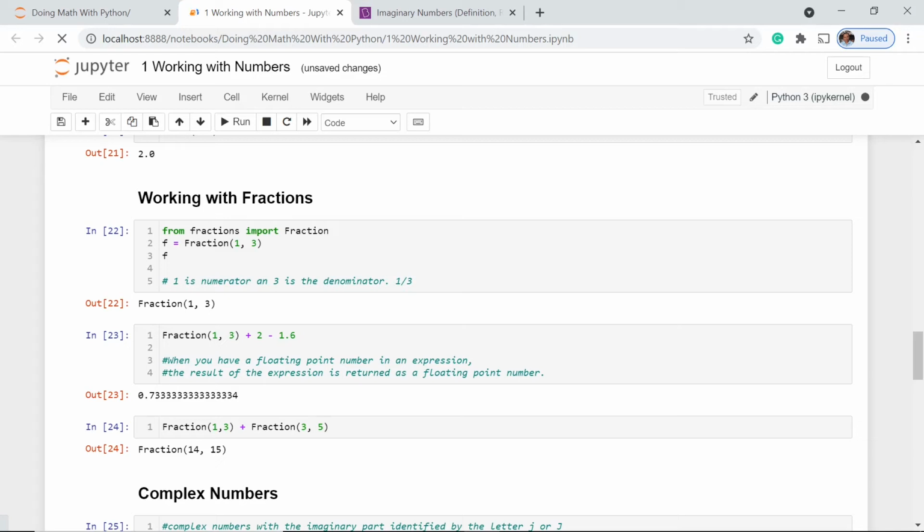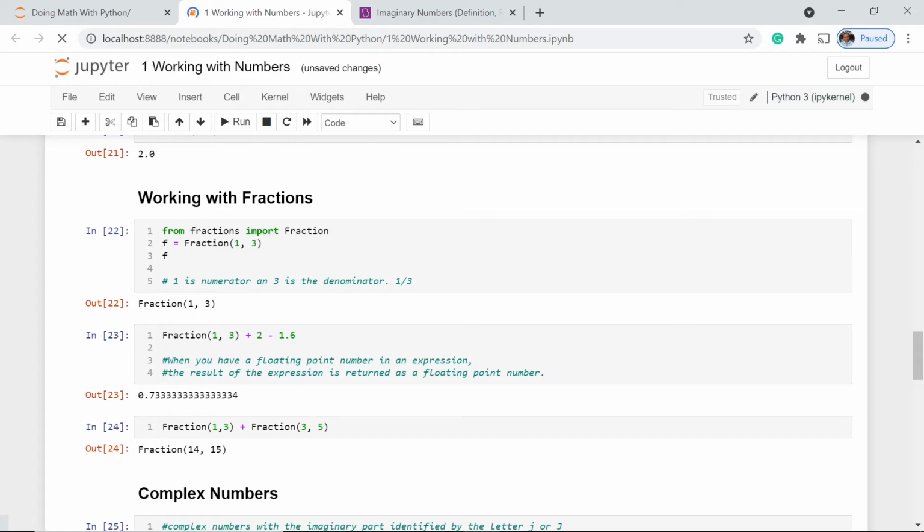Having this value, now we can do operations like what we have just done: the basic mathematical operations like subtraction, addition, and so on. Here we have the fraction 1 over 3 plus 2 minus 1 over 6, or 1.6.